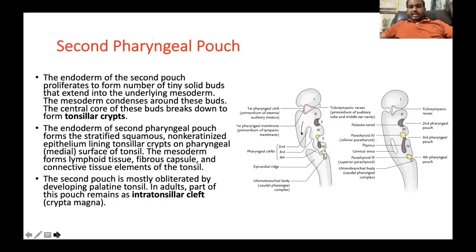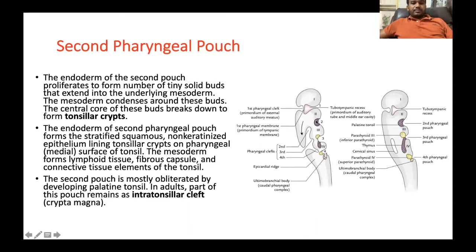Coming to the second pharyngeal pouch. If you see here, between the second and the third arches, you see this evagination of the endoderm on the inner aspect of the primitive pharynx. This is the second pharyngeal pouch.